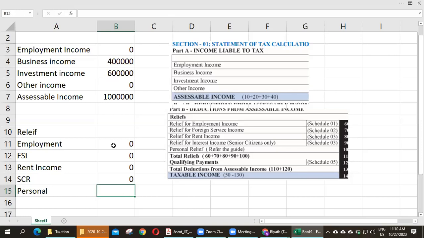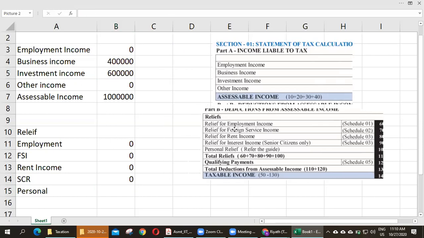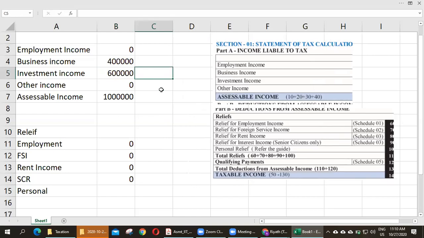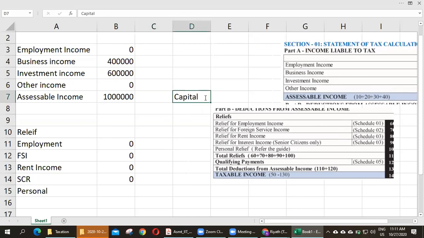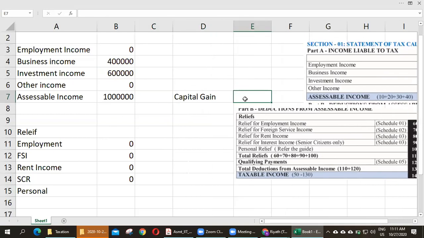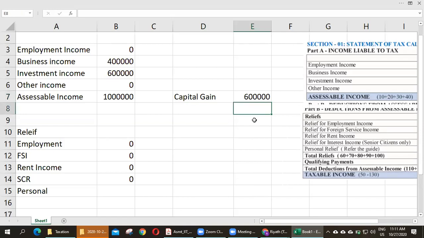But his income, other than capital gain, equals how much? Total assessable income is 1 million. In this 1 million, how much is capital gain? Capital gain income equals 600,000. So the balance, assessable income minus capital gain, equals 400,000. The maximum is 500,000, but his income other than capital gain equals 400,000.